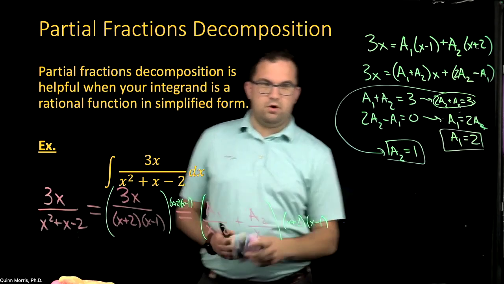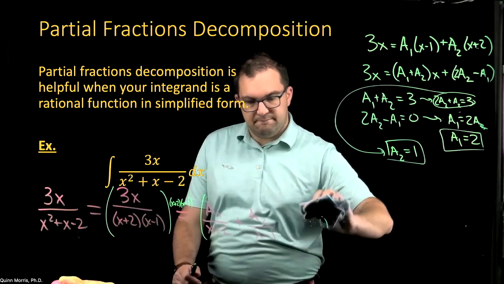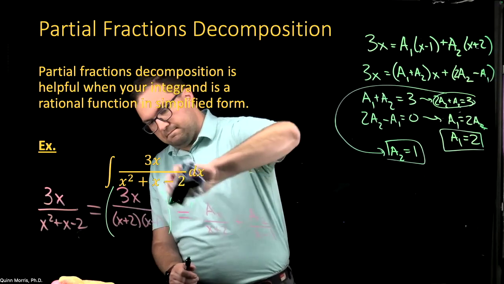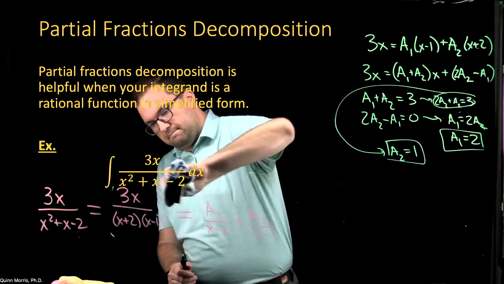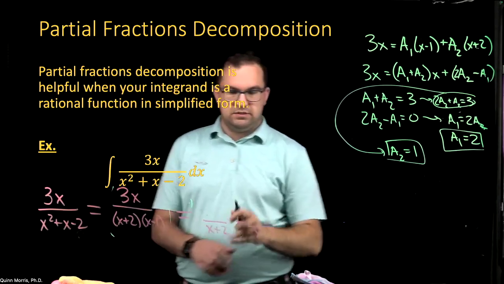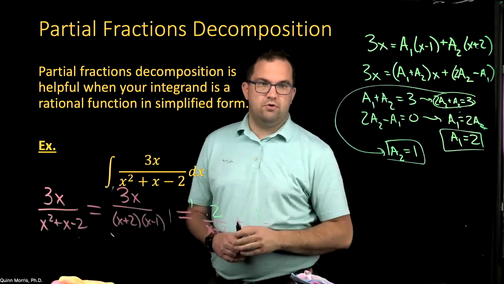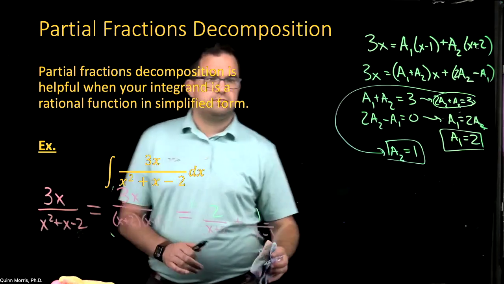And so now, going all the way back to my original rewriting, I now know that my integrand can be expressed as 2 over x plus 2 plus 1 over x minus 1. Now, why is that helpful?